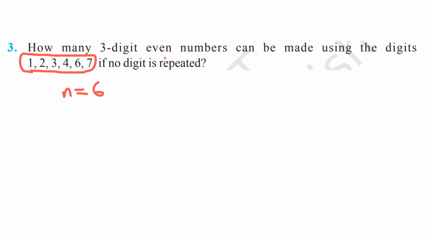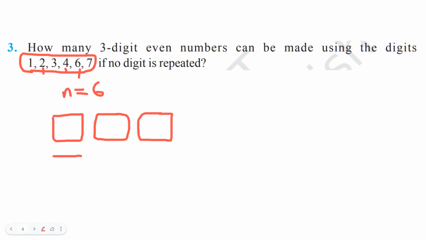We are creating 3-digit even numbers, so we have 3 positions. Then we have a constraint that we are looking for even numbers. When we construct even numbers from these digits, numbers ending with 2, 4 and 6 are even numbers.